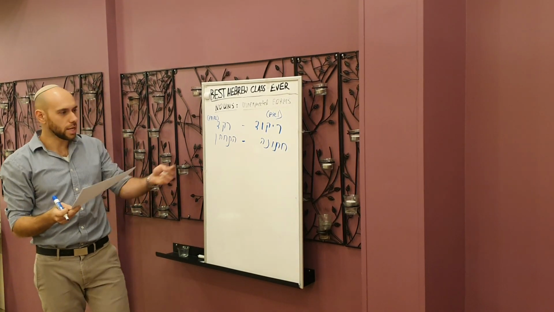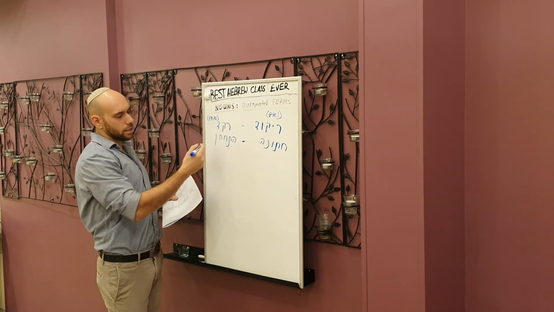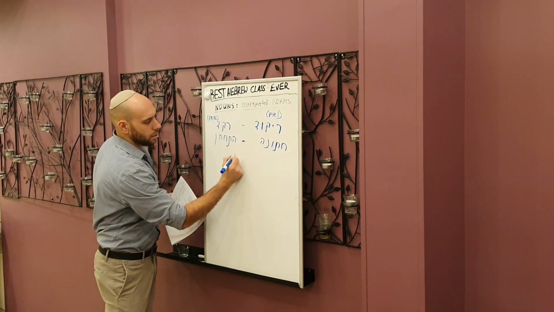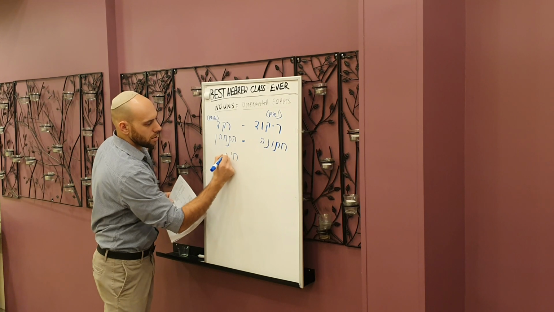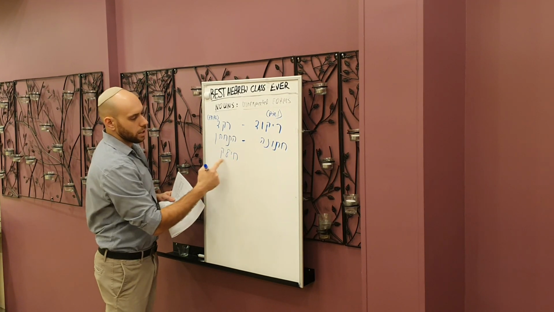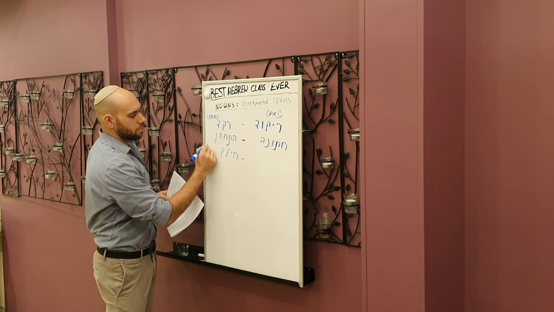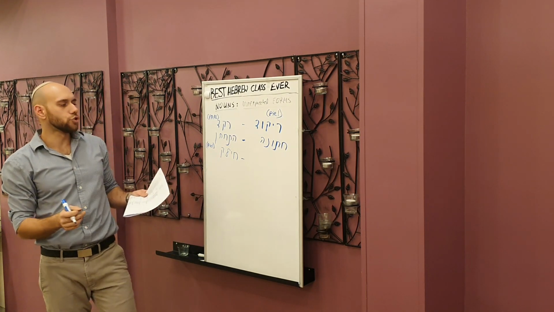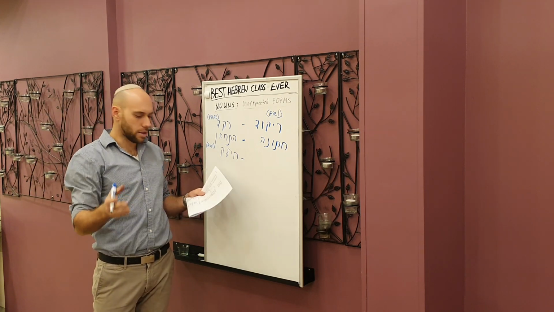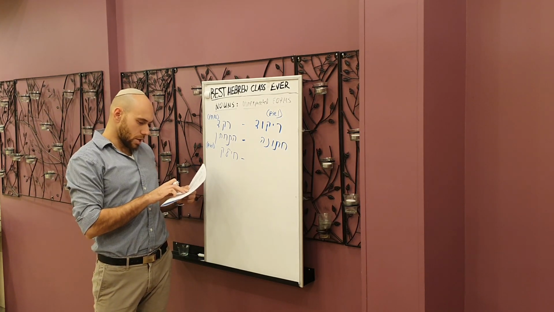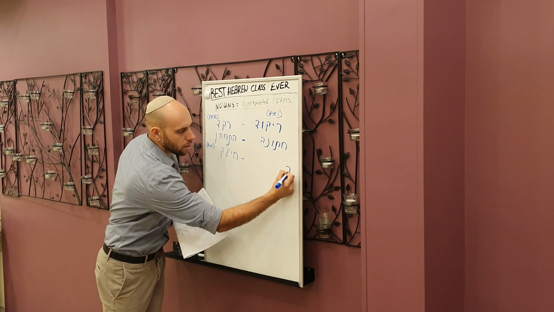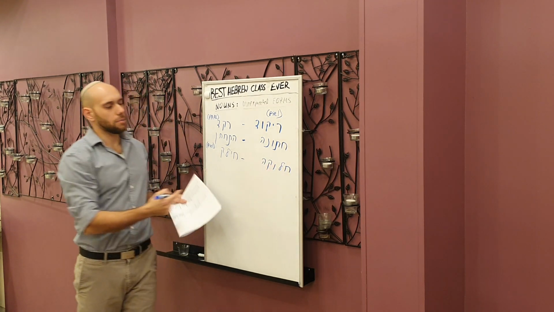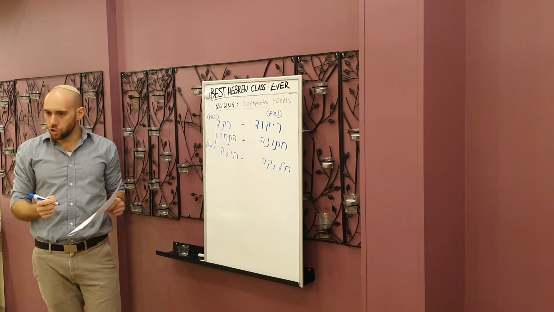So in this case, it's not even related. Pilek, this is PL, meaning he distributed, or he divided up. The noun of that is chalukah, distribution.